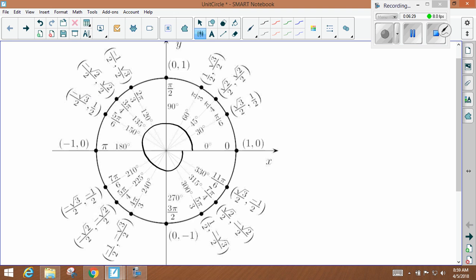And then in order to get to 405, there is a line here, right? I had to go 45 degrees more. Good job. So 45 degrees and 405 degrees are coterminal angles.